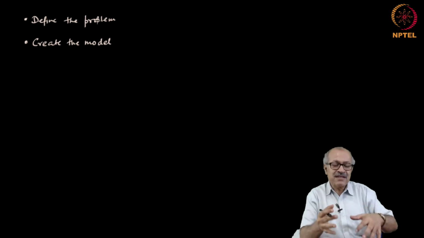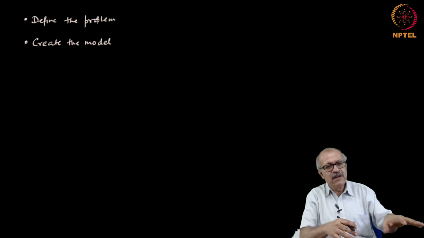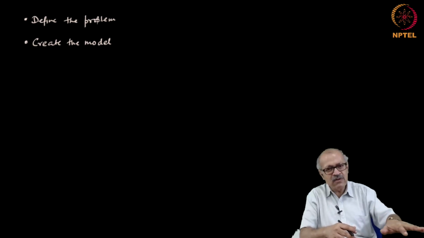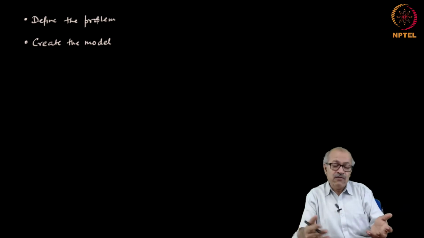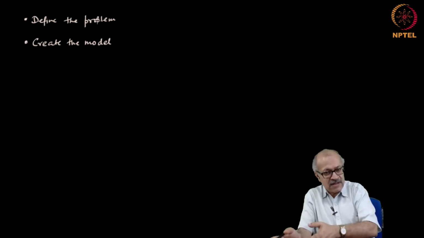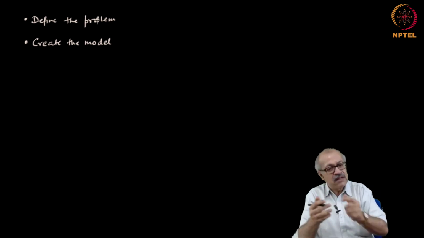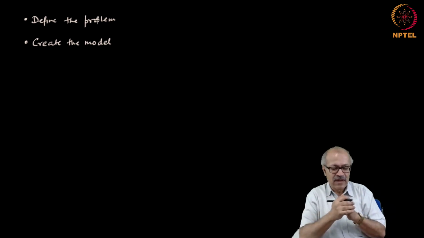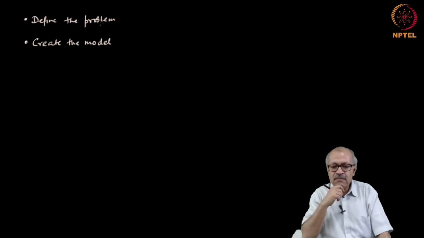So, we then state certain assumptions. The assumptions are that these have relatively minor effects and therefore, we initially ignore them. And then later, if we find that the model that we have created is insufficient to capture the phenomenon that we are talking about, then these have to be included. So, these are the issues that go into defining the problem.